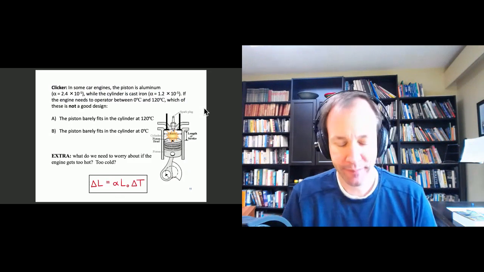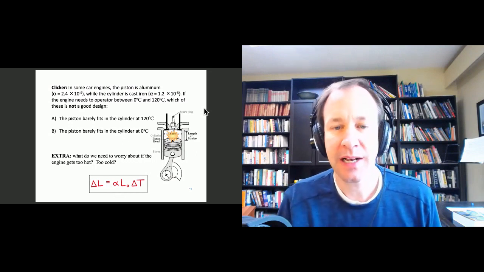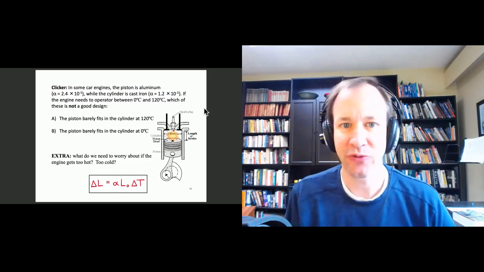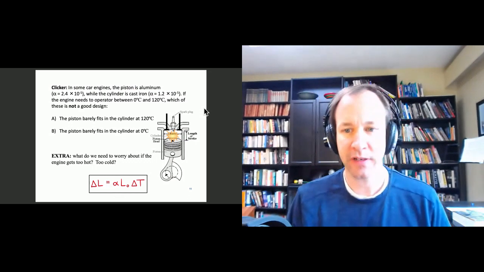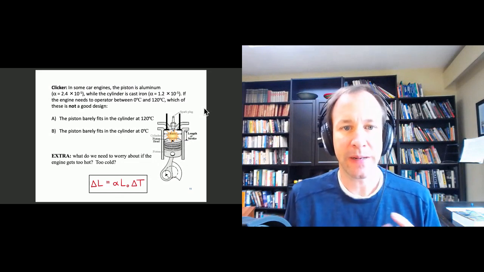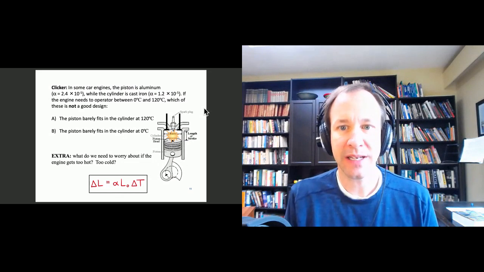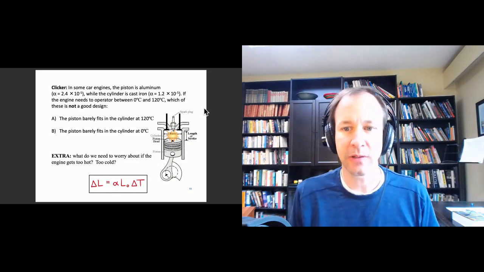Okay. So just to finish here, I'll mention a question, and I'll tell you why this is relevant for some situations. I'm going to mention a question that we'll do at the very beginning of Monday's class, and it's about an internal combustion engine in a car, something that we'll talk about later on in the course.